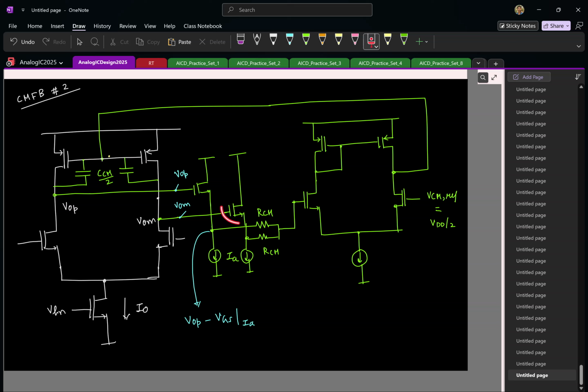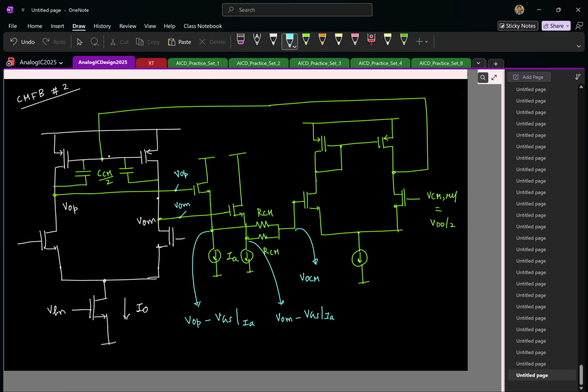Similarly, you look at this fellow, it takes in an input VOM. We are tapping the final output from here. So this voltage will be VOM minus VGS of the transistor at a current IA. So which means the actual common mode you are sensing, how much is that? So what will be this voltage? Average of both of them, but how much is that?